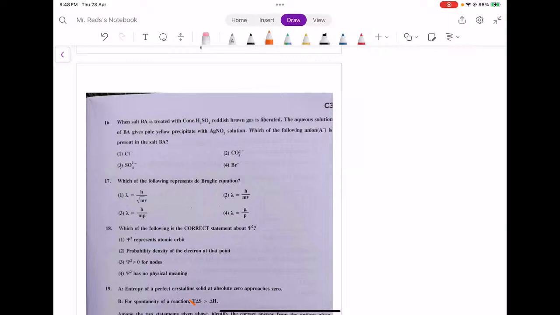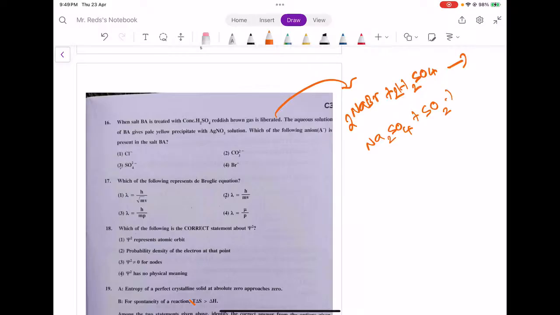Here B is treated with H2SO4. Now I am going to write the balanced reaction. B, I am taking as NaBr plus H2SO4. By balancing, 2 NaBr plus 2 H2SO4 gives Na2SO4, sodium sulfate, plus SO2 plus Br2 plus 2H2O.